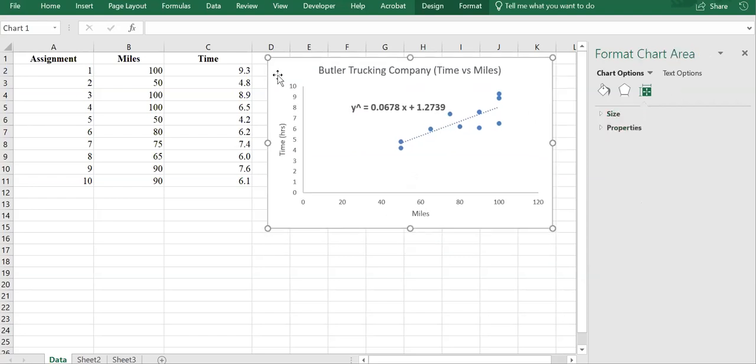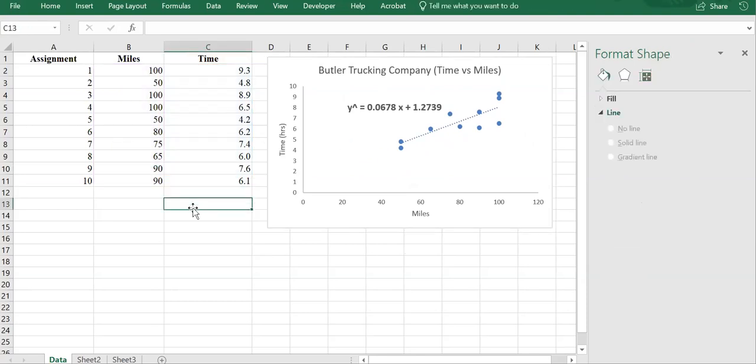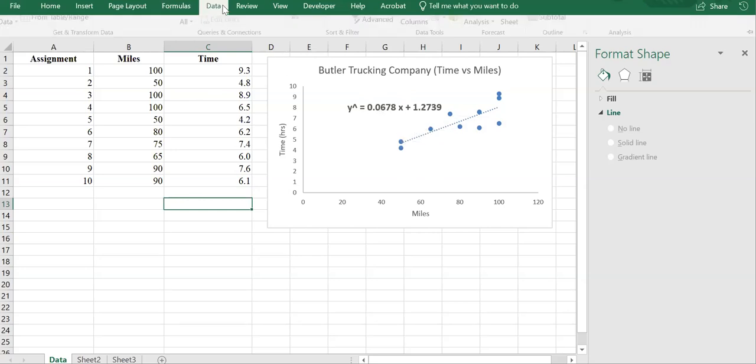The second way that you can use to get this equation is through the Data Analysis Toolpak. So I'm going to quickly do that, but we also need to make interpretation of these coefficients. Let me just quickly get this equation using the data analysis and we get back to the interpretation.